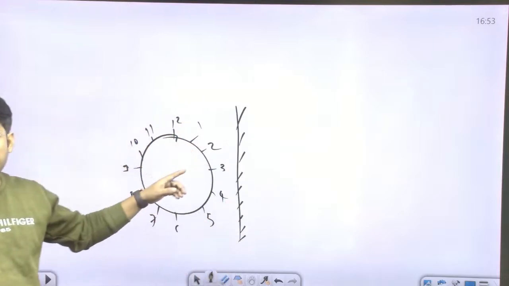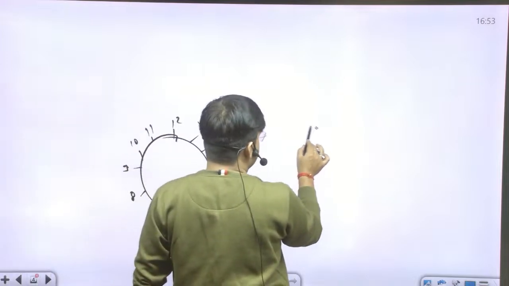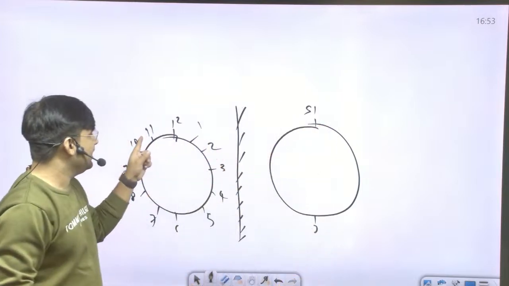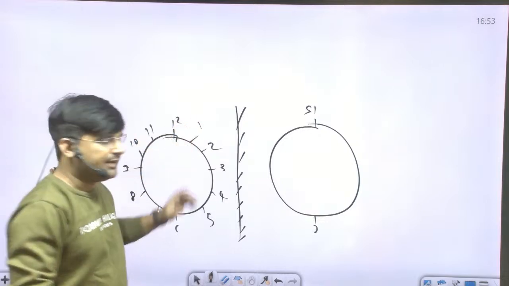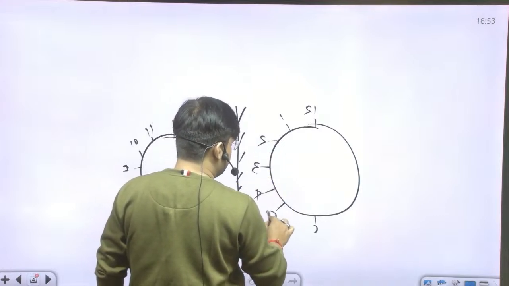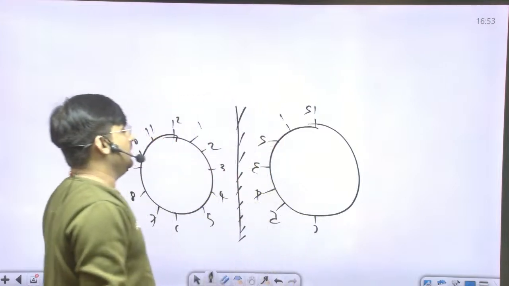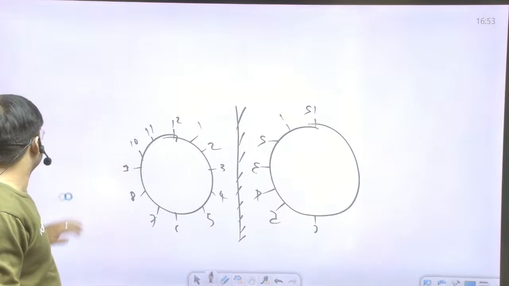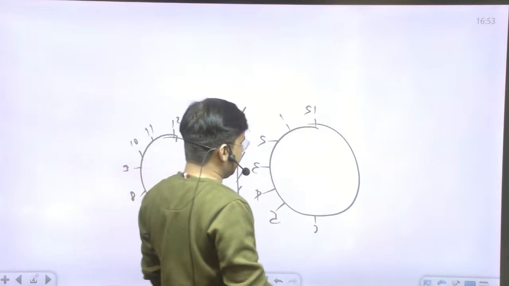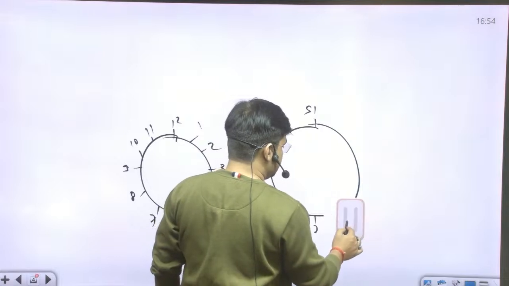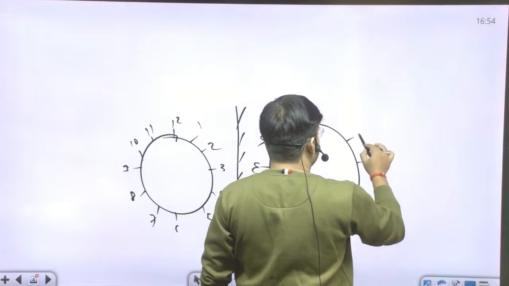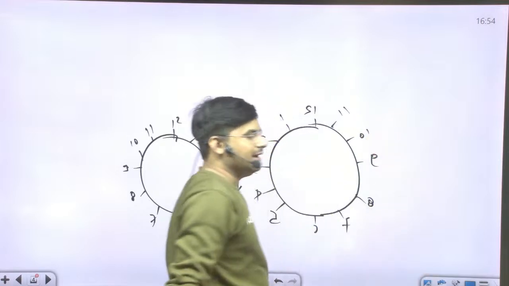If you put a mirror in front of the clock, the image becomes interchanged: 1 and 11, 2 and 10, and so on.